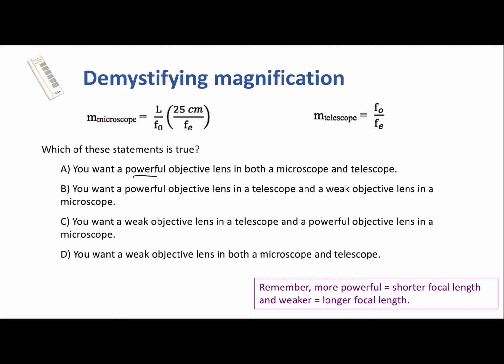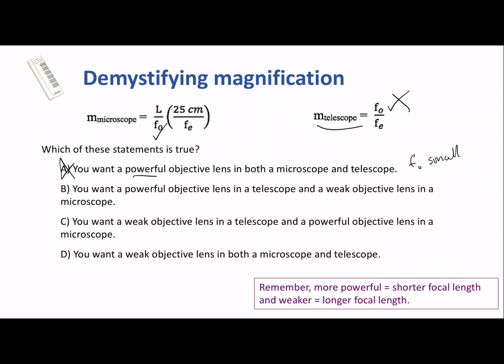Okay, so what can we say? Do we want a powerful objective lens in both microscope and telescope? Well, that would mean a very small f naught, or rather F_O, for objective, in both. That actually works okay here. Doesn't work so well here, right? I don't want a small objective focal length because that gives me a small magnification, so I don't want that. How about B?